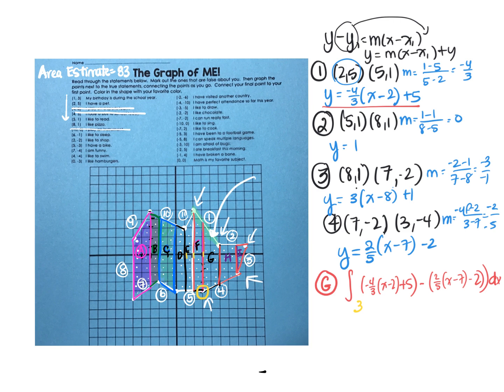The far right value is going to be either this value or this value, but it is the x value, so it doesn't matter, which will be 5. And so my setup here is going to go from 3 to 5. And I just have to remember when I put this in Desmos that I also have to make sure to have some nice parentheses around here, or it will not accept it.